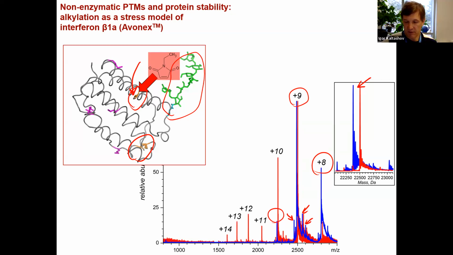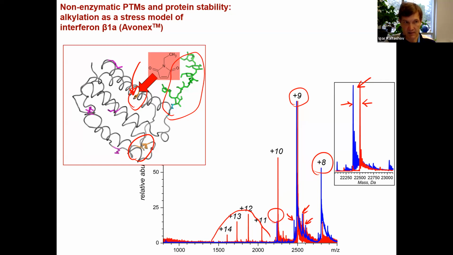And the result of this modification, you can clearly see it in the deconvoluted spectrum. There is a mass shift. So there is incorporation of exactly one NEM group covalently into this protein. But you also begin to see something else if you look at the raw mass spectrum. Now there is an additional distribution of ion peaks that show up at lower m/z values. So these have high charge density.